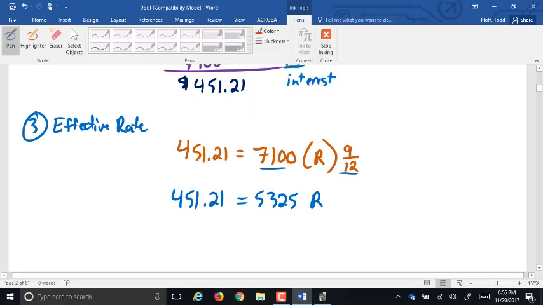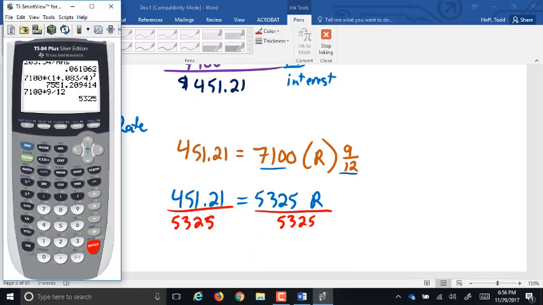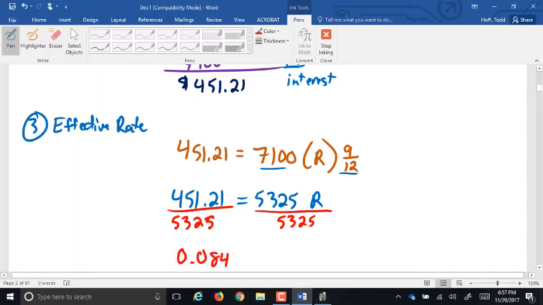Our next step, yes, we're going to solve for R. R is multiplied by 5325, so we're going to divide by 5,325. So it's $451.21 divided by $5,325. Now we get 0.084734 equals our rate.